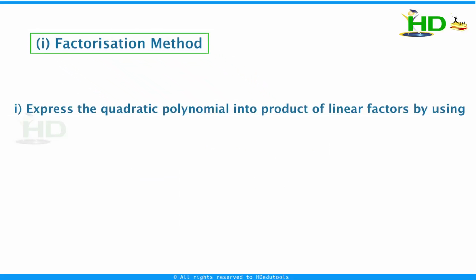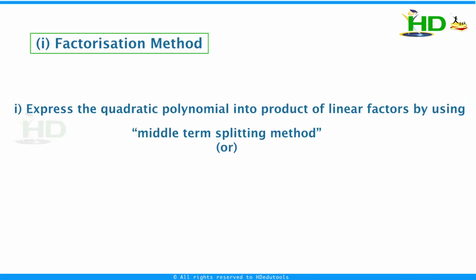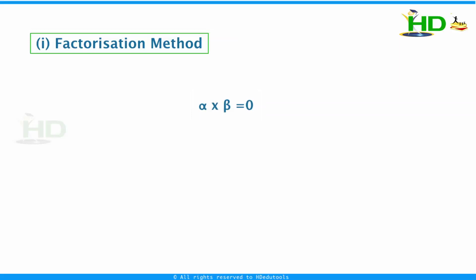In this method, we first express the quadratic polynomial as a product of linear factors by using the middle term splitting method or different identities. In real numbers, if the product of two numbers is 0, then at least one of the two numbers is 0. That is, if alpha into beta is equal to 0, then either alpha is 0 or beta is equal to 0.